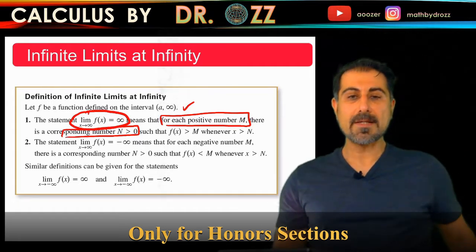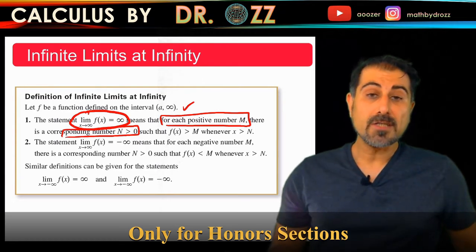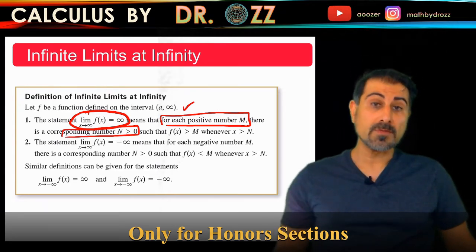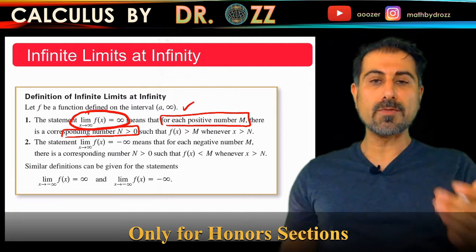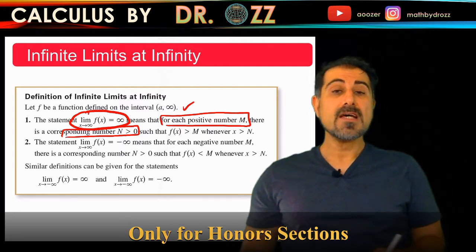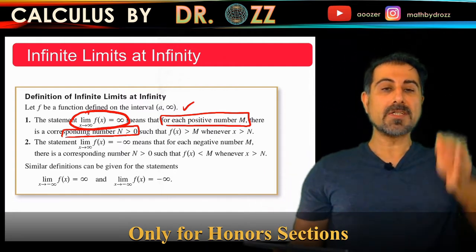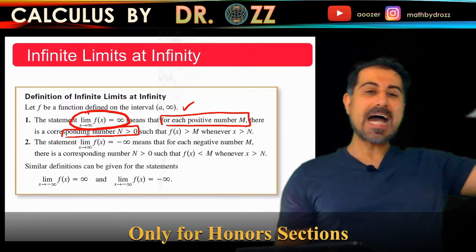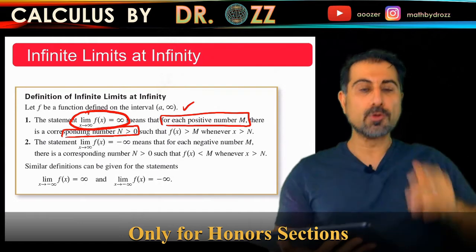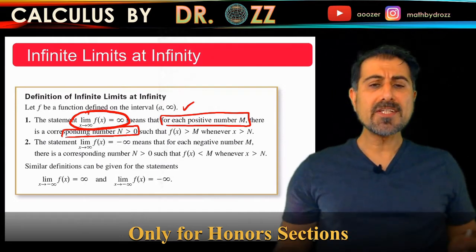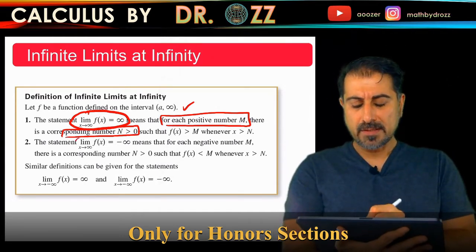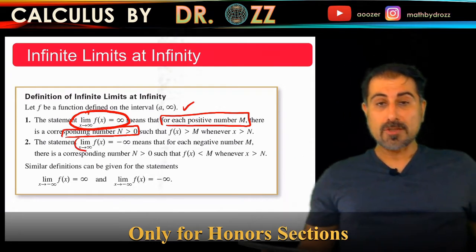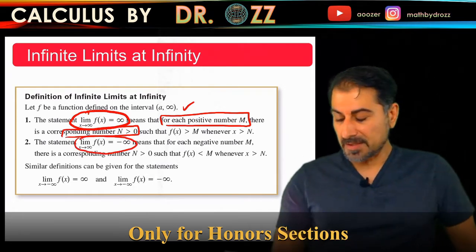So this is an example of a function increasing without bound. No matter what M you provide, there's always an N, so that whenever x is bigger than that number, the function values are going to be above the horizontal line y equals M. And the same thing is valid for the limit being negative infinity as x approaches infinity.